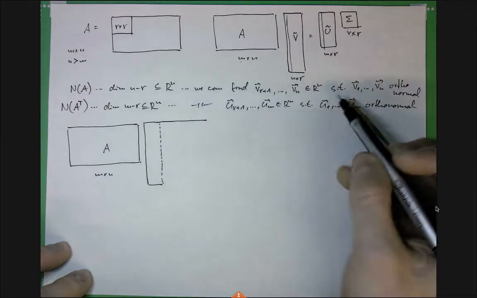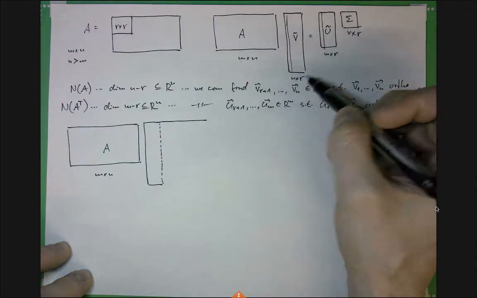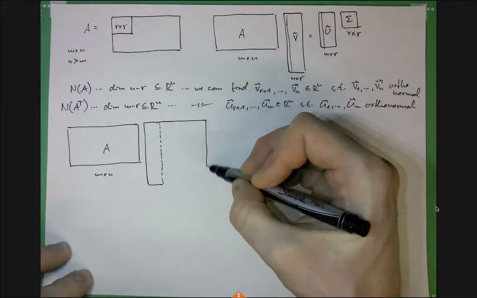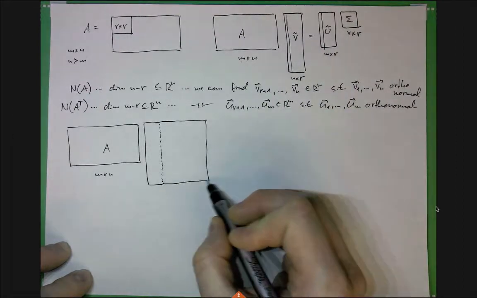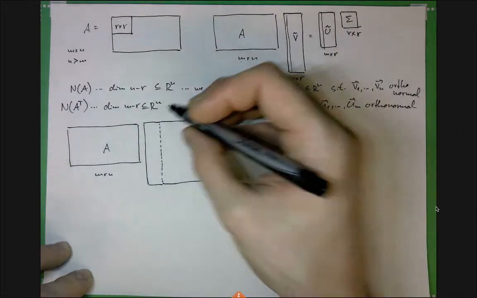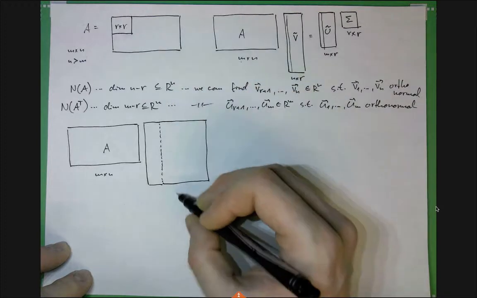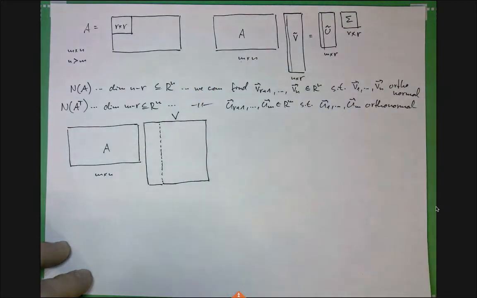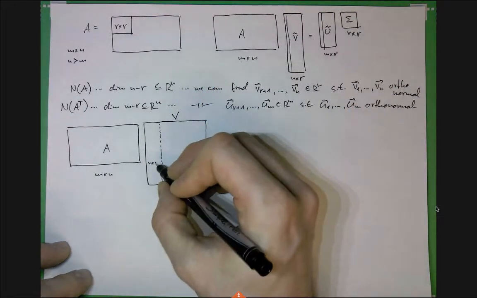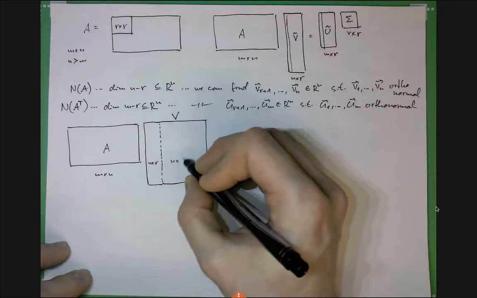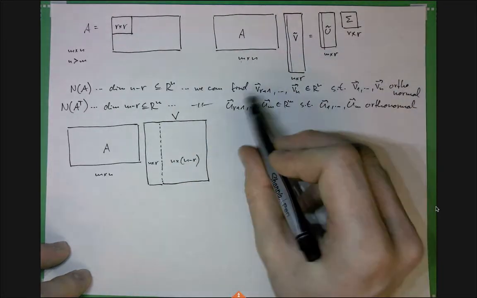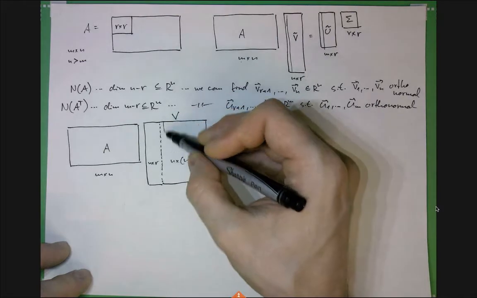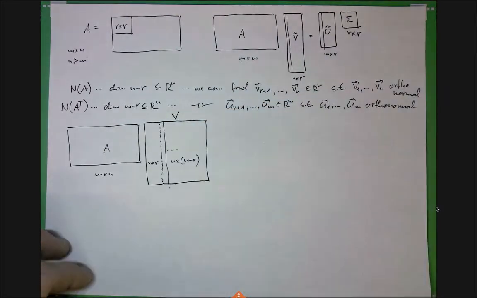Notice that this was n by r, and now it's going to be n by n because I added the n minus r column vectors. So this is going to be the full V. That was the n by r, and this is the n by n minus r. I took these column vectors and just put them here.